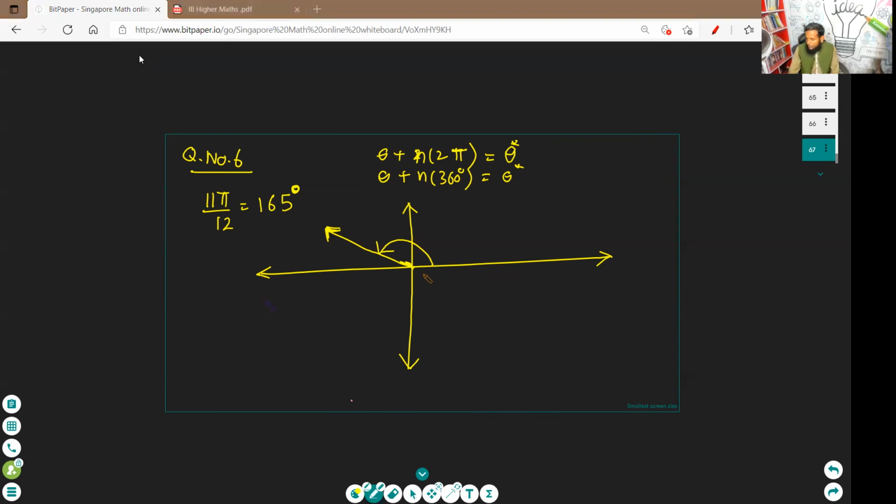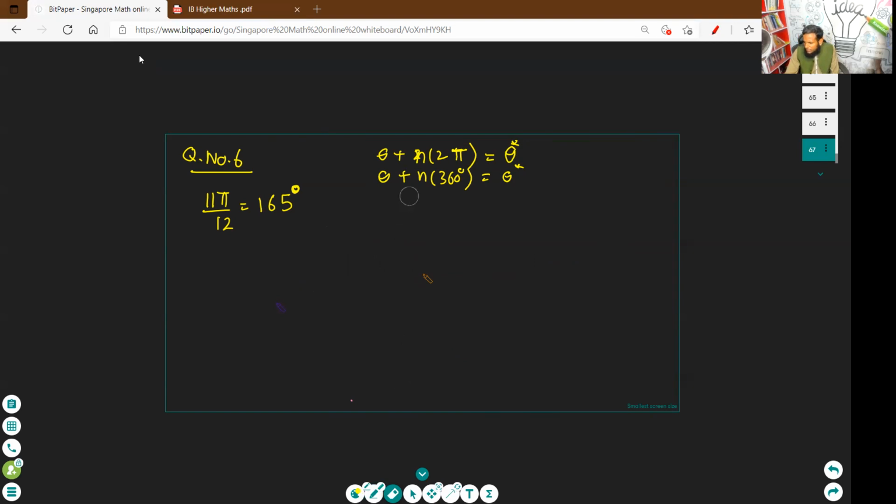Okay, you should tell me what your co-terminal angle was. This 165 was your co-terminal angle? No, I used 120 plus 45. Okay, 165. You are using 120 plus 45. Yeah.